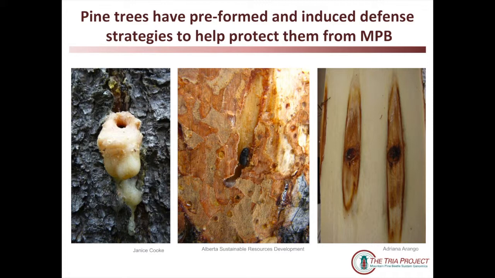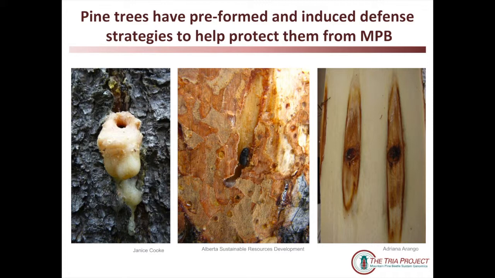So the beetle has poured in and the tree has responded through existing resources as well as new synthesis of these resins to try to not only drown out that beetle, physically push him out the door, but also hopefully poison him and anything that happens beyond him, or her for that matter.